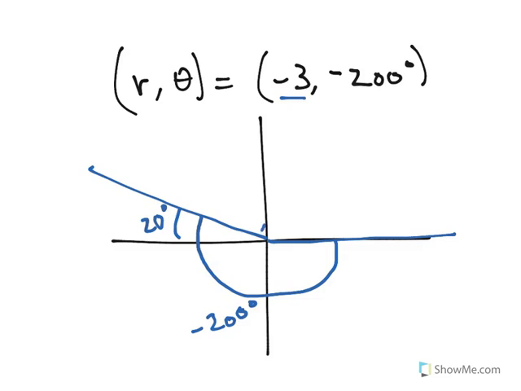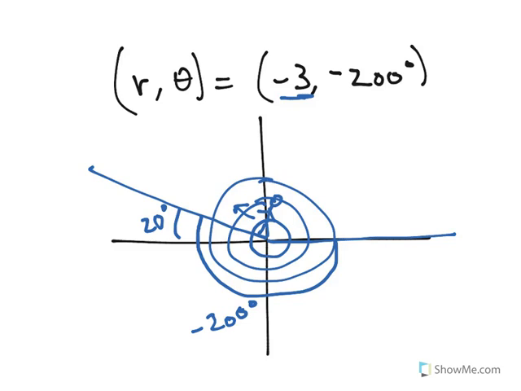So now that I have my little person who is facing this way, which direction should that little person walk? Well, they shouldn't walk forwards because r is not positive. They should be walking backwards. And so, if you have your little grid in here, there's 1, 2, 3. I should be ending up somewhere right there as my point.